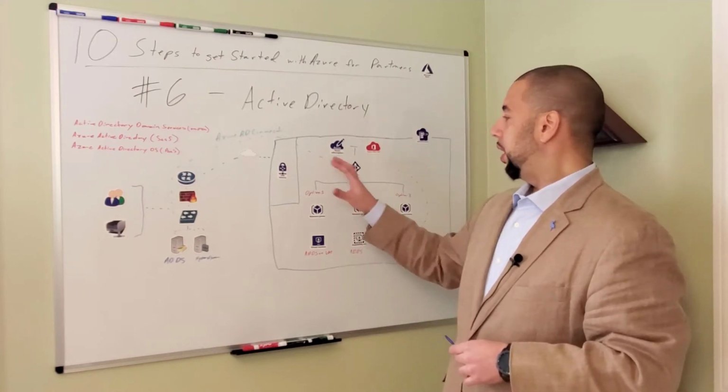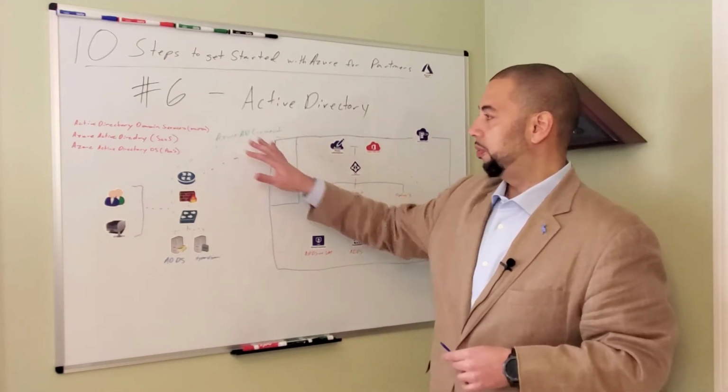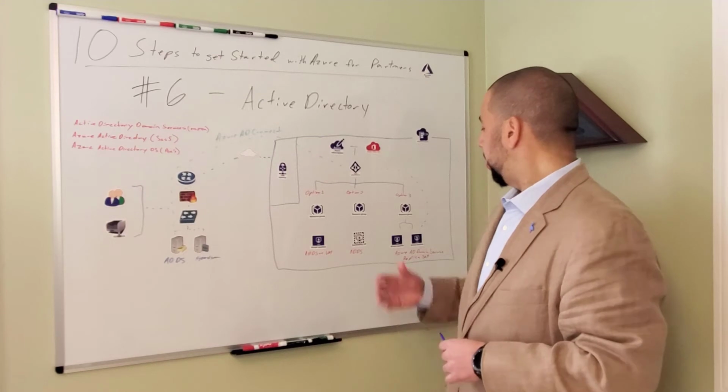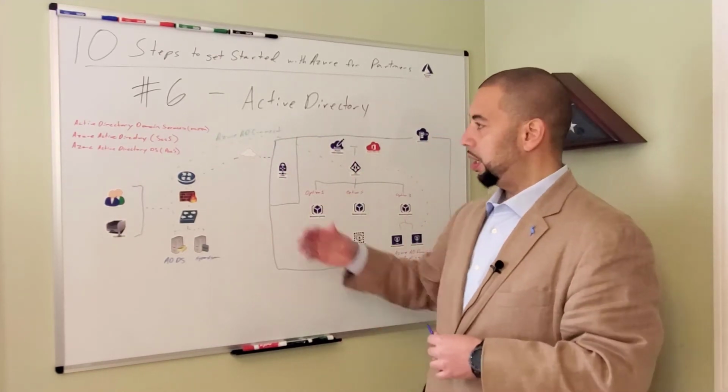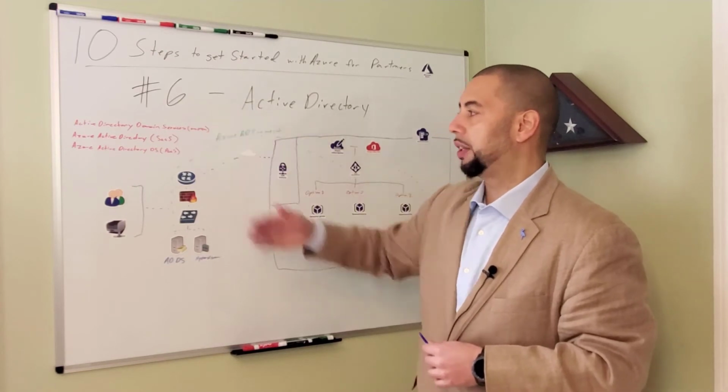So those are the different kind of options, or 2 different flavors of Active Directory. The third one is Azure Active Directory Domain Services. So it's a subset of the traditional Active Directory, right?